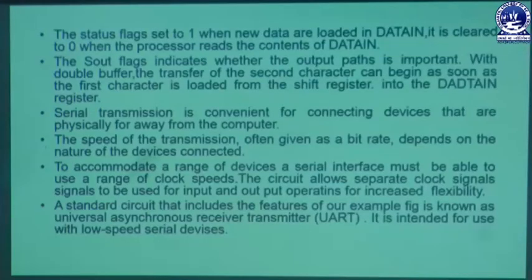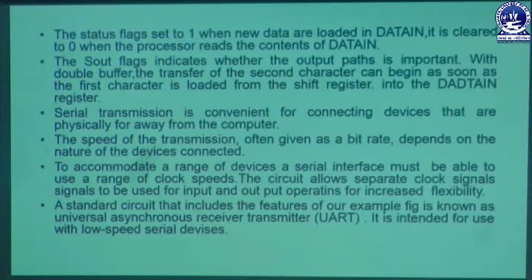Then the status flag is set to 1 when new data is loaded in data in. It is cleared to 0 when the processor reads the content of data in. That means there are other registers, S in and S out. We have already discussed them in the parallel port concept, so you can go through that lecture. The interface circuit contains S in for the input status register and S out for the output status register.